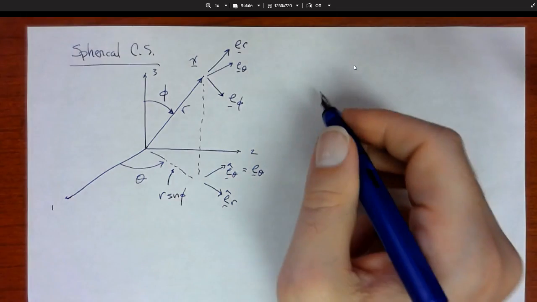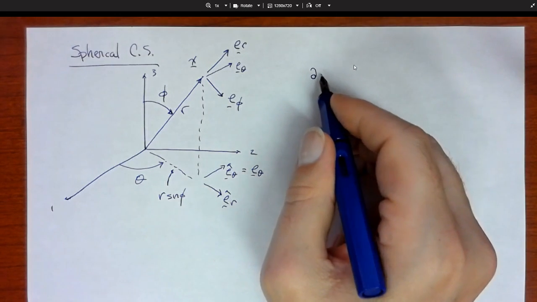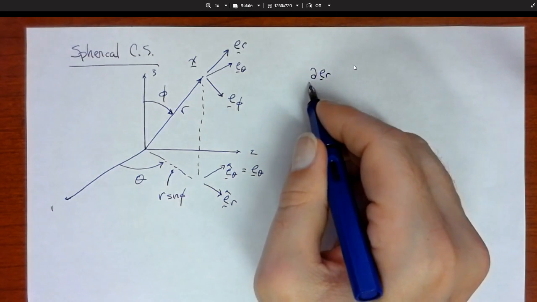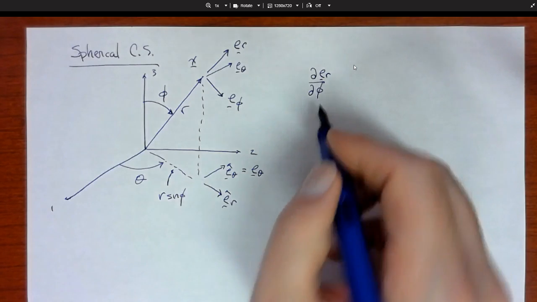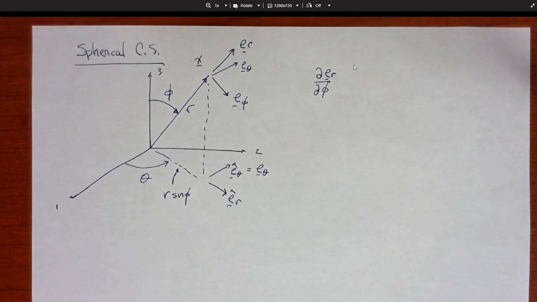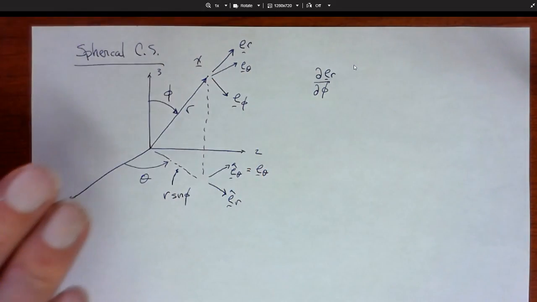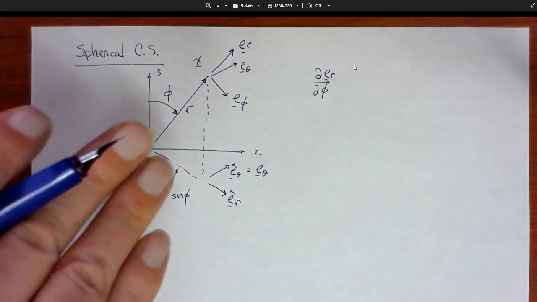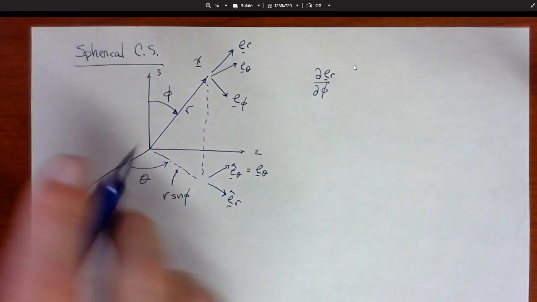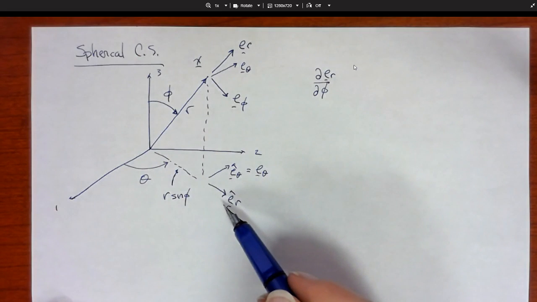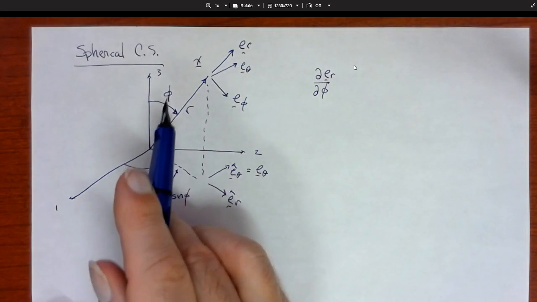Like we need to get the partial derivative of ER if we change the angle phi. All right. So again, looking at this, you can probably see this already. If we look right down this plane perpendicular to the E3 hat plane, I should give this plane a name.